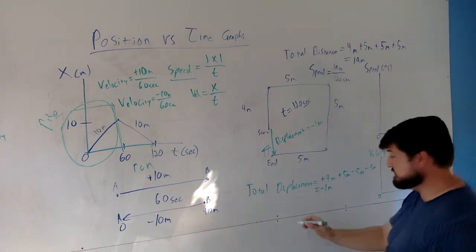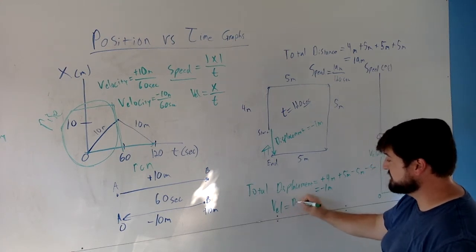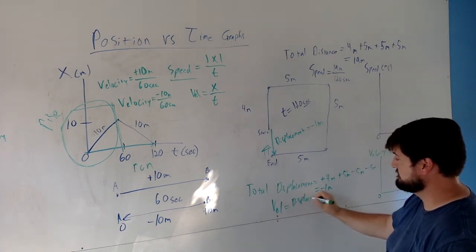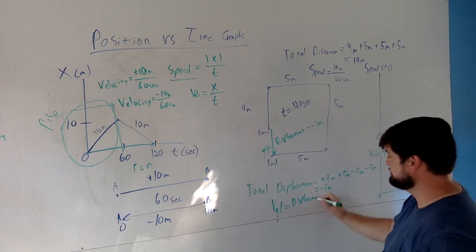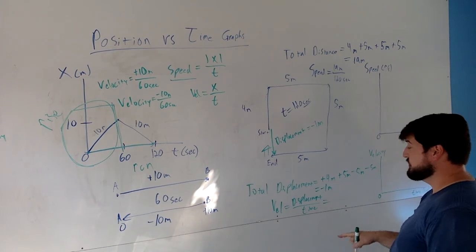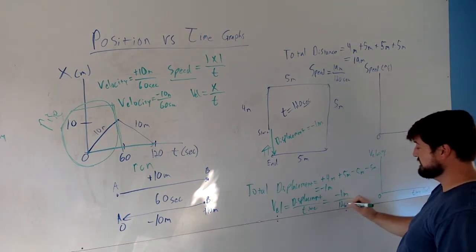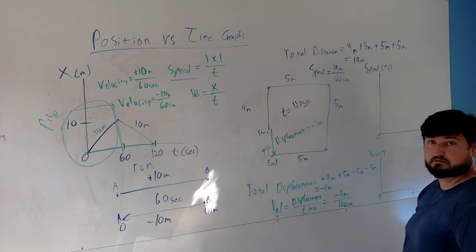So what will your velocity be? Velocity is equal to displacement over time. So your total displacement was minus 1 meter over 120 seconds.